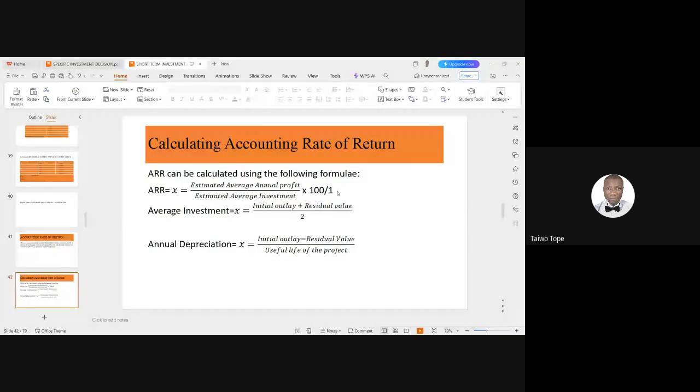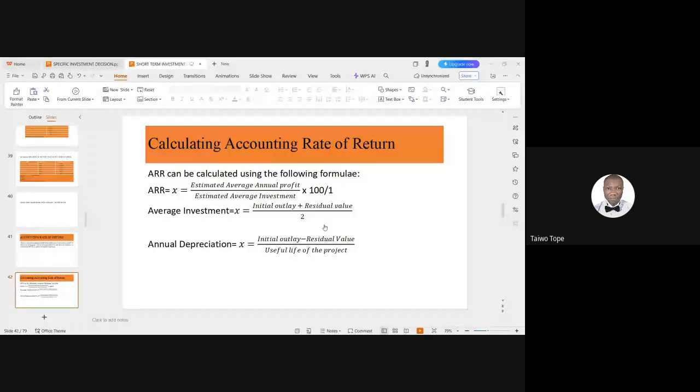You have the estimated average annual profits divided by estimated average investment multiplied by 100 over 1. So your average investment is what? Your initial outlay plus your residual value divided by 2. That is how you determine your average investment.